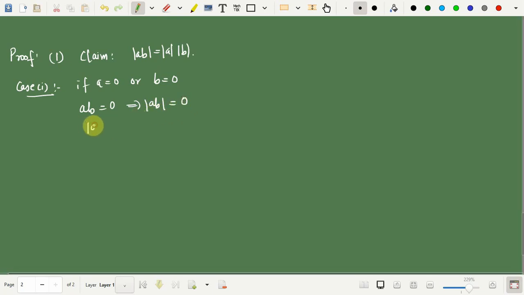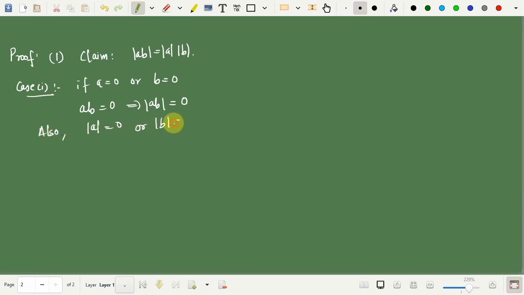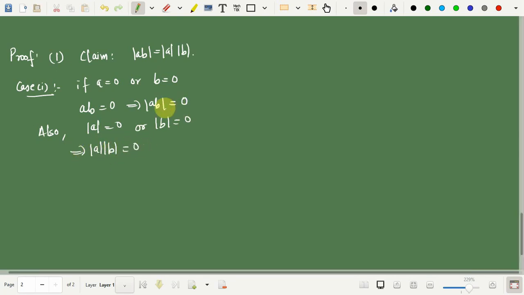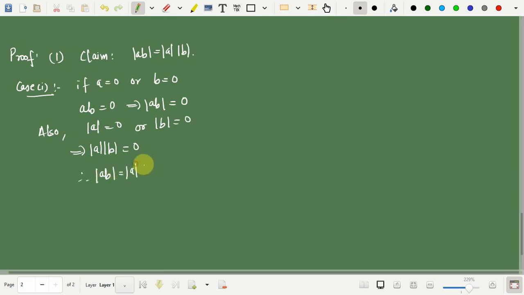Similarly, either mod of a will be 0 or mod of b will be 0, one of them will be 0, and therefore, their product will also be 0. This says from this implication and this implication, we have mod of a b is equal to mod of a into mod of b.